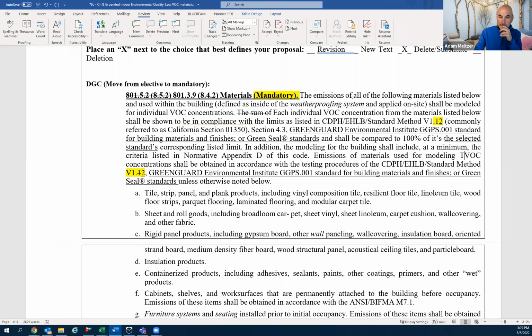I think that's the thought process on that, but yeah, it's definitely destructive. I would actually like to make a motion to amend that first paragraph to include after Green Guard Environmental Institute GGPS.001 standard for building materials and finishes, 'or equivalent.'